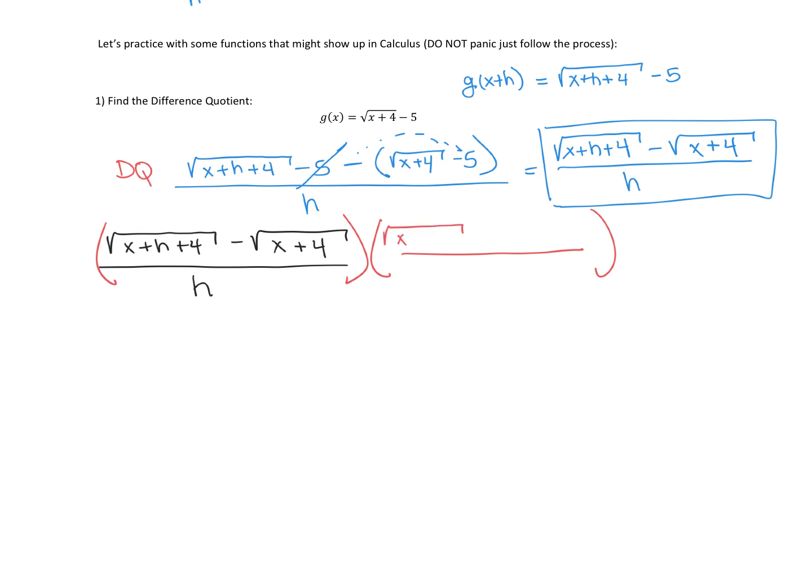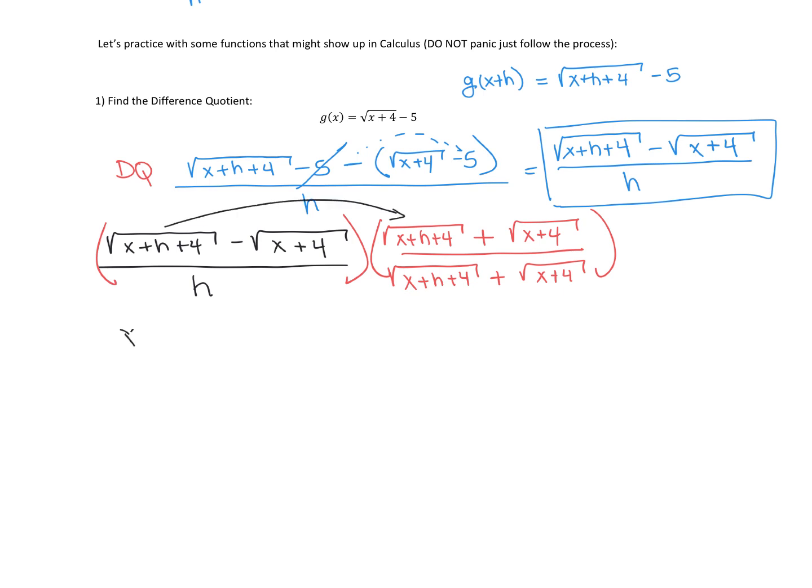So the square root of x plus h plus 4 plus the square root of x plus 4, on both the top and the bottom. So I'm multiplying by 1, which means I'm not changing the value. So I'm going to multiply on the top. I'm just going to FOIL.